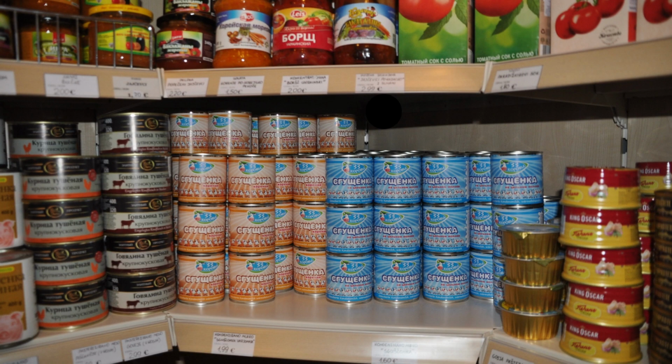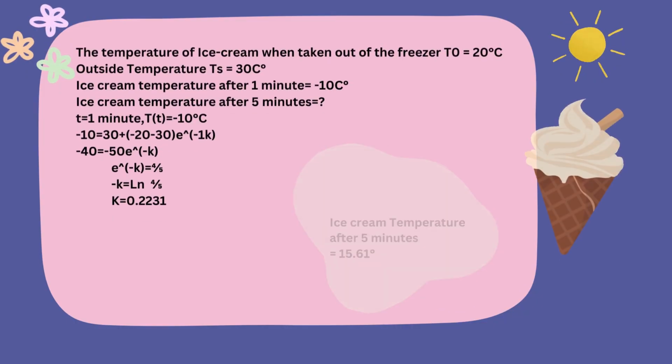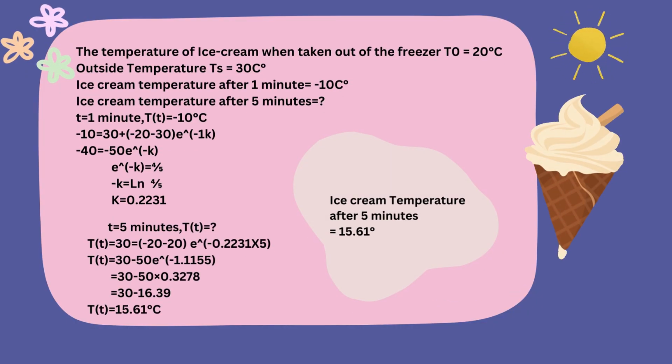Now, this law is being used widely in the packaging industry. Temperature of an ice cream when taken out of a freezer, supposing is negative 20 degrees Celsius, and the outside temperature is 30 degrees Celsius. After 1 minute, it has been noted that the temperature of the ice cream has increased to negative 10 degrees Celsius.